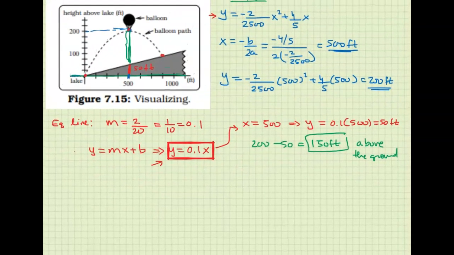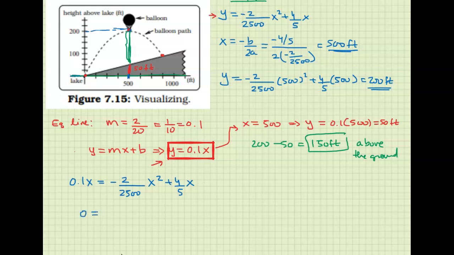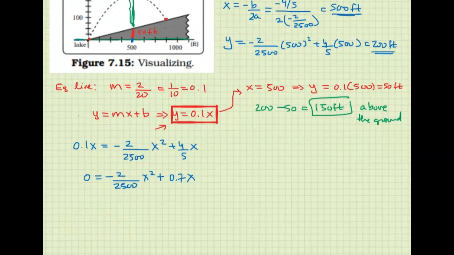So we have 0.1x equals negative 2 over 2500 x squared plus 4 over 5x. 0 is negative 2 over 2500 x squared plus, 4/5 minus 0.1 gives me 0.7x. We can factor this: 0 is x times negative 2 over 2500 x plus 0.7.